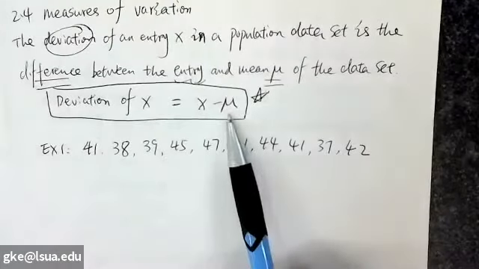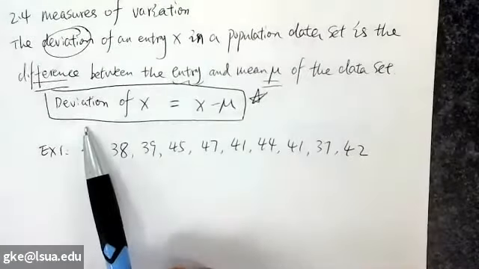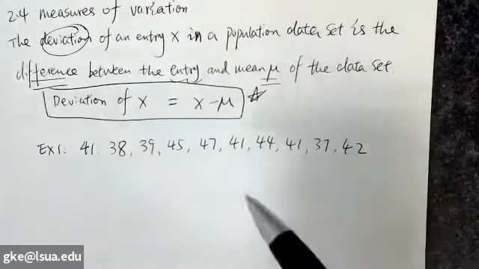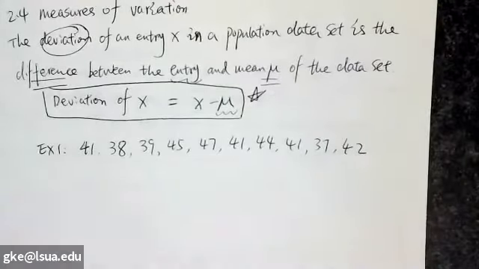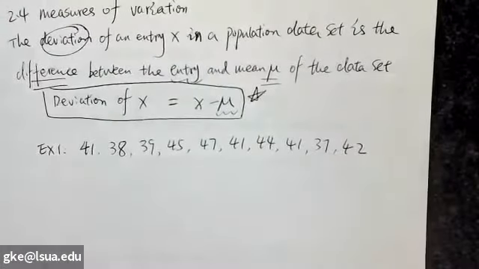Okay, and the formula give us the idea. In order to calculate the deviation, we needed to know what? We needed to know the mean value, right? Mean value. And the mean value, mu, here is the mu. That is a population mean or sample mean.